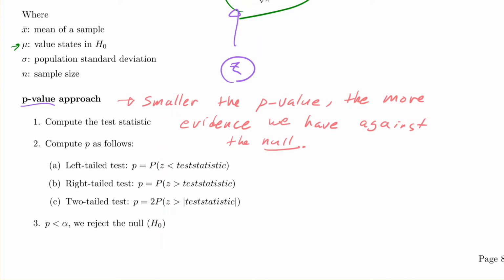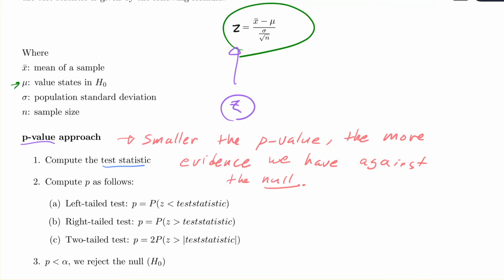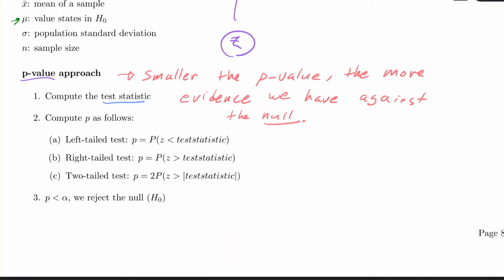So the way we calculate the p-value is we find the test statistic using the formula, which gives a z value, and then we're essentially finding a probability. This is why left tail, right tail, and two tails is very important.